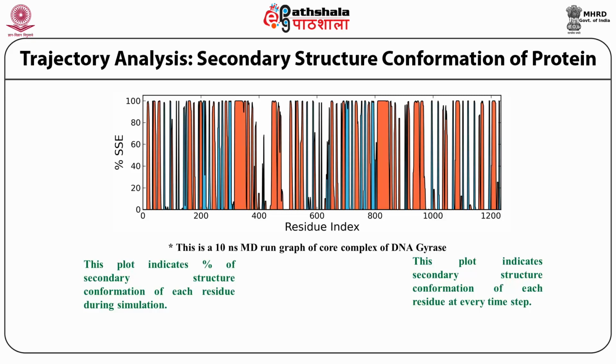Red color region indicates the helical conformations, while cyan color indicates the beta sheet conformation, while the other regions indicate the irregular loop conformation. Hence, this plot can give the idea of secondary structure composition and also the secondary structure conformational stability of each region during MD simulation.